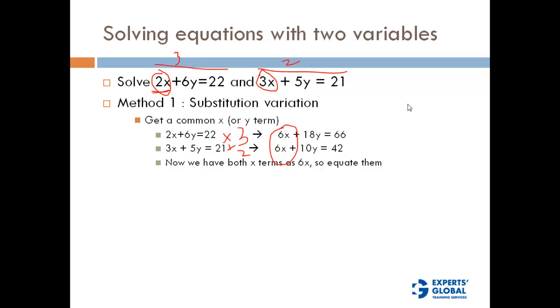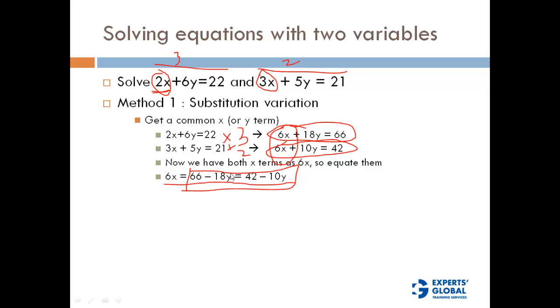Or what we can also do is, with 6x on one side, we have 6x is equal to 66 minus 18y from this equation. Also we have 6x is equal to 42 minus 10y from this equation, correct? So 6x is equal to 66 minus 18y, which is also equal to 42 minus 10y.